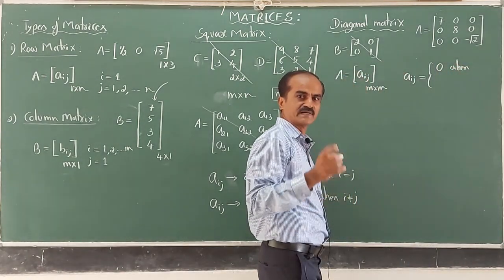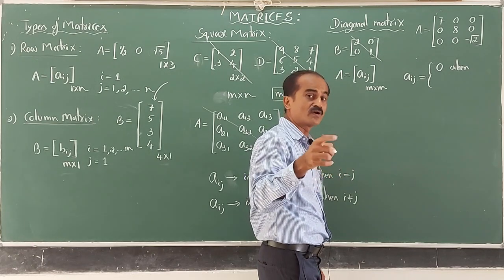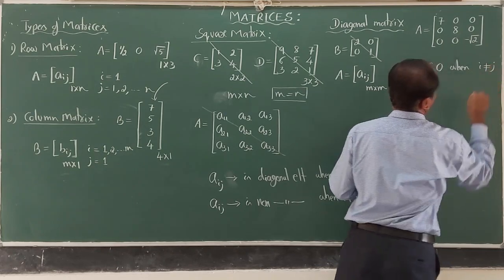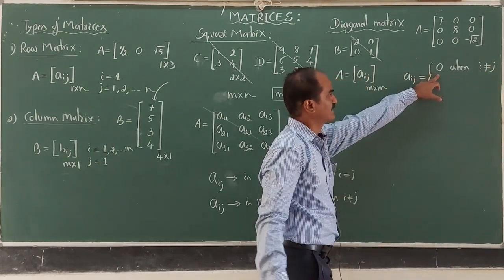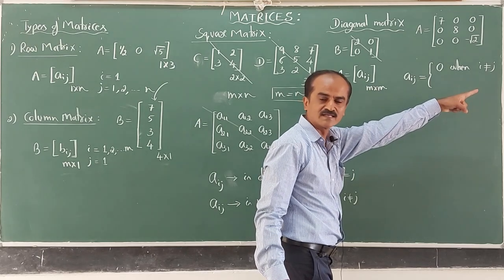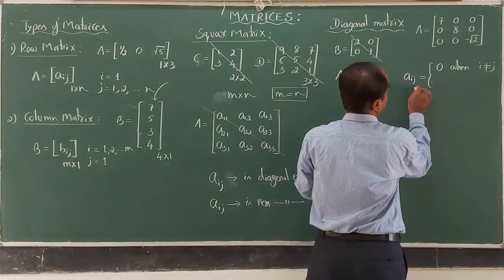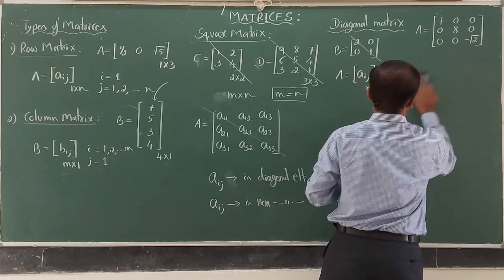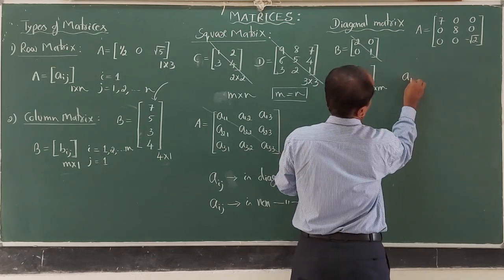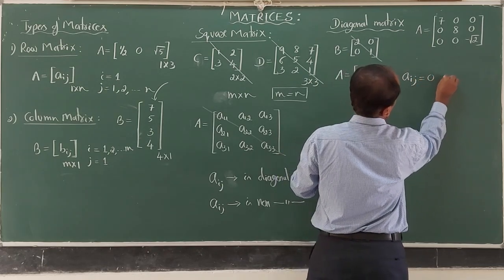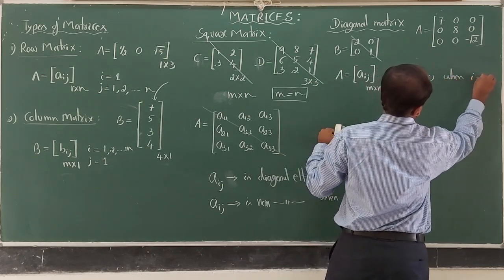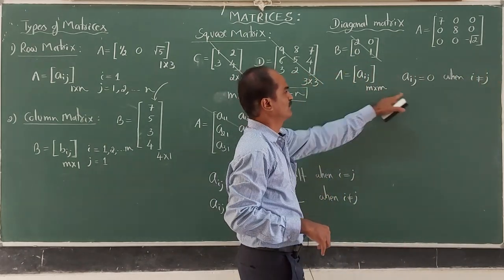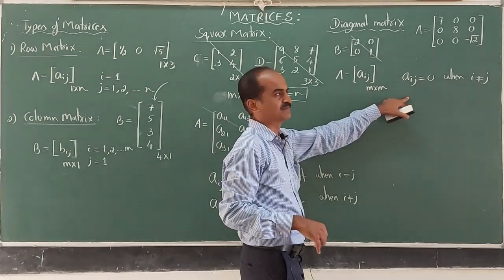Yes, what elements of the square matrix must be 0? Non-diagonal elements. So how to represent non-diagonal elements? When their suffixes are different. Aij value is 0 when it is a non-diagonal element. Aij equal to 0 when i not equal to j. Symbolically we can write like this. This is the definition of diagonal matrix in terms of symbols.